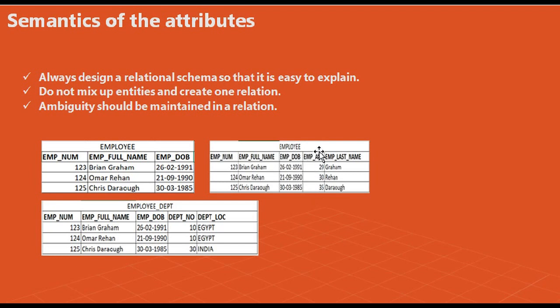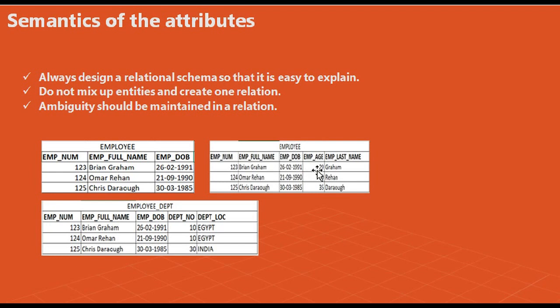Say for example, take the first row where employee number is 123. His date of birth is 26th of February 1991 and his current age is 29. Let's say by mistake, because of some typo, someone updates it to 39 instead of 29. That information would confuse anyone.